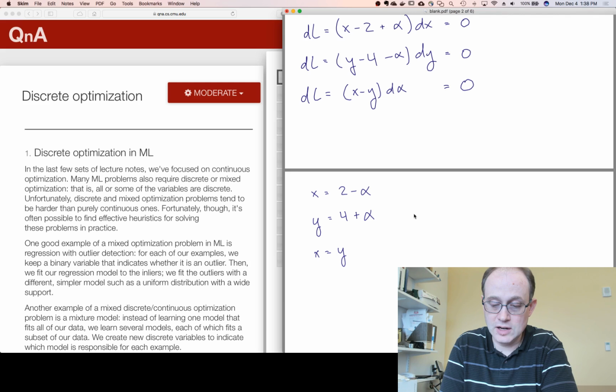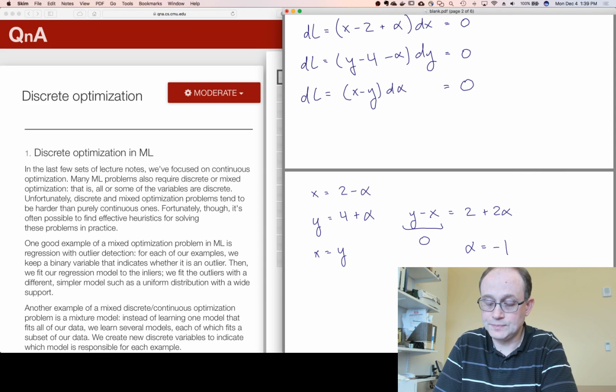In particular, let's say we take this second one and subtract the first. So that says that y minus x is equal to 4 minus 2, which is 2, alpha minus alpha is 2 alpha. And then y minus x is the same as 0. So that means, divide by 2 and move the terms to opposite sides, alpha is equal to minus 1.